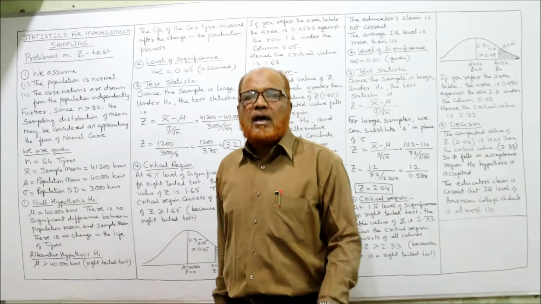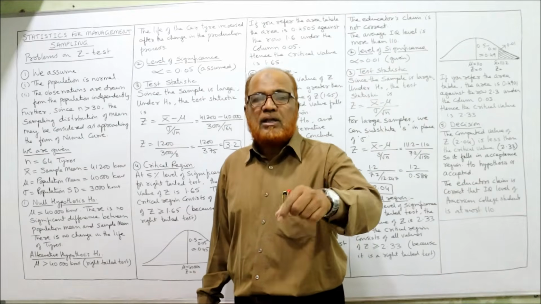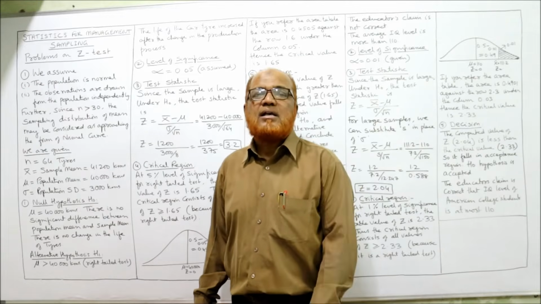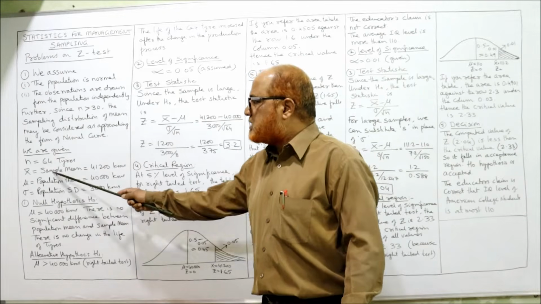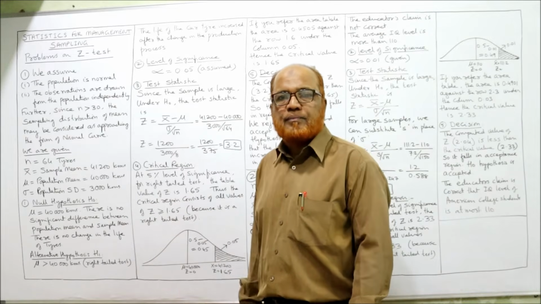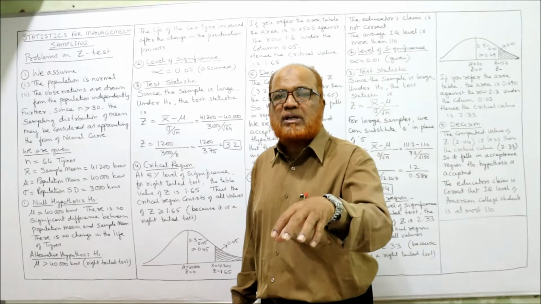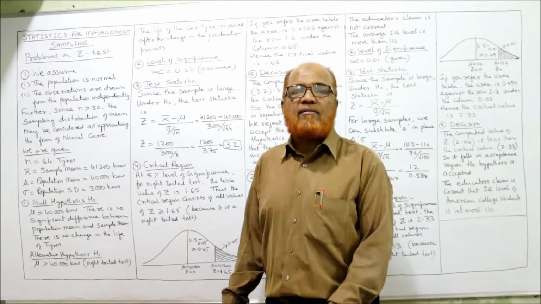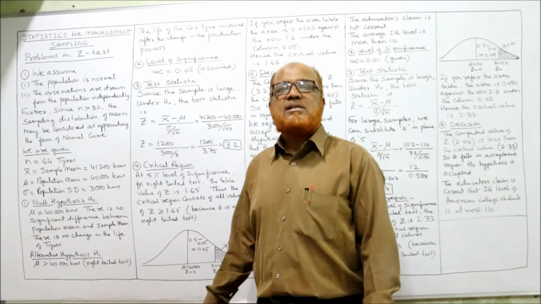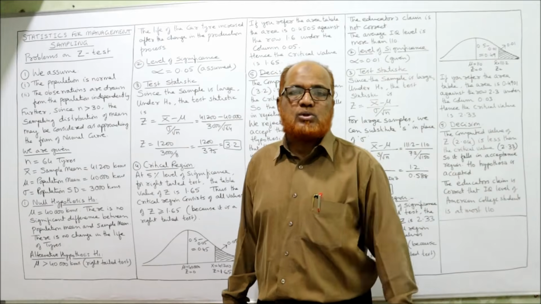x bar is the sample mean. Not only in this problem, in all the coming problems, wherever x bar comes, you should think it is a sample mean. The sample mean is given as 41,200 kilometers: a sample of 64 tires has shown an average life of 41,200. Mu is the symbol for population mean, always, in all the coming problems also.